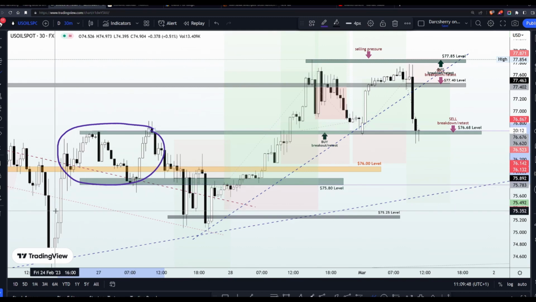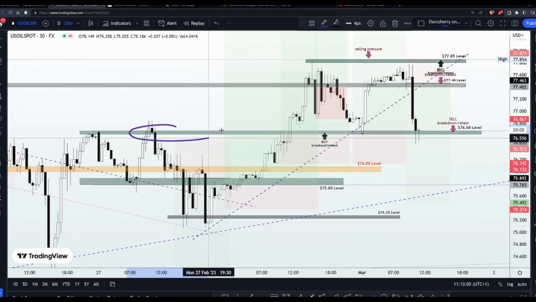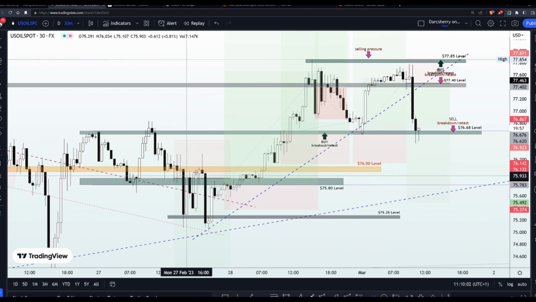And you all know what we look out for whenever we spot this kind of structure in the market. We wait for price action to either break out of that channel to the upside to give us a buying opportunity, or break down out of the channel to give us a selling opportunity.